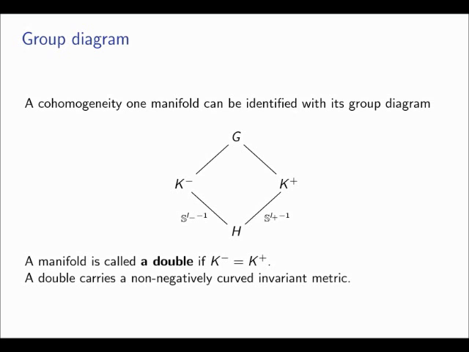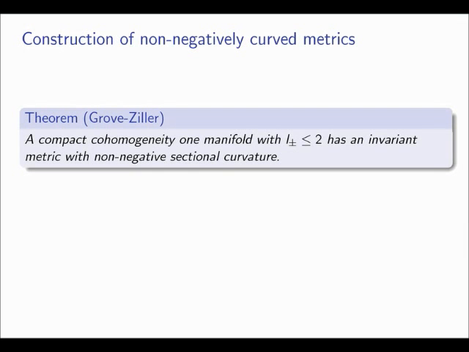So for the theorem of Grove and Ziller, they actually have non-negatively curved manifolds for a large class. A compact cohomogeneity one manifold with codimension of singular orbits smaller or equal to 2 has an invariant metric with non-negative sectional curvature. What is the meaning of this? We know the principal orbit has dimension n minus 1 if your manifold has dimension n.